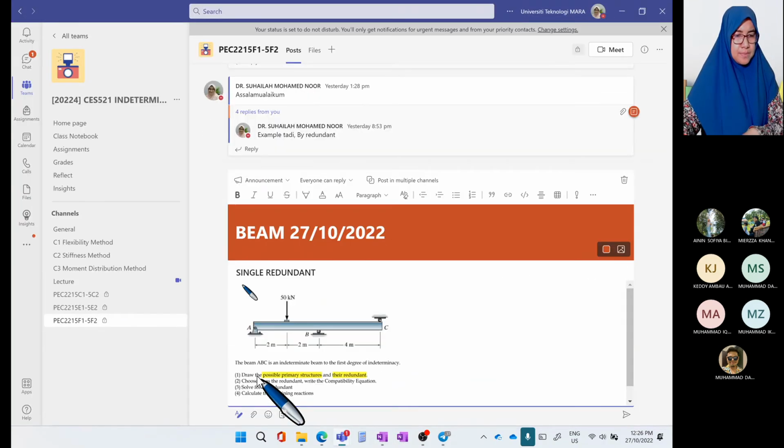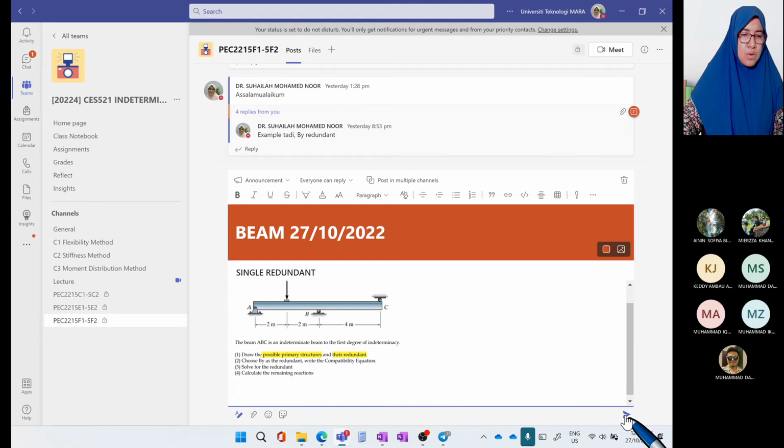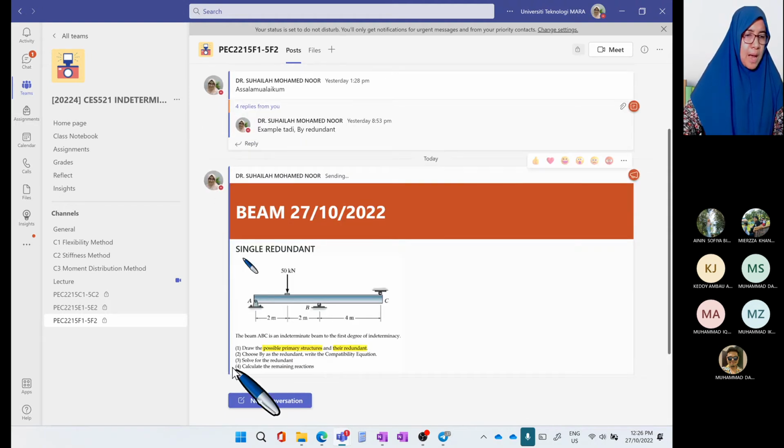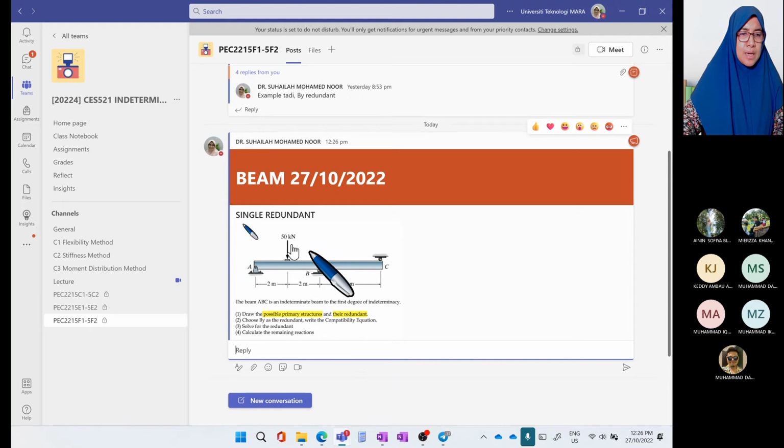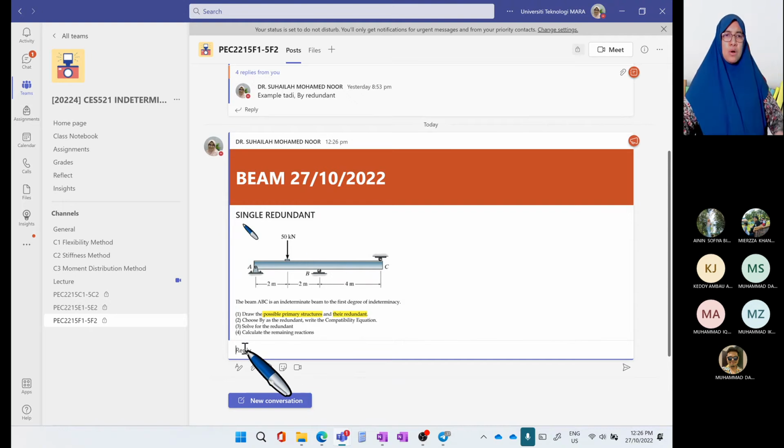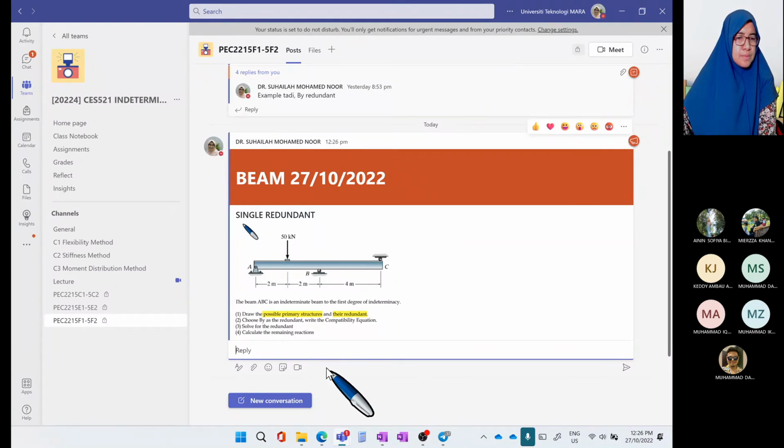Reply below and upload your answer for number 1: draw the possible primary structure and their redundant. Upload under that. Okay, everyone.